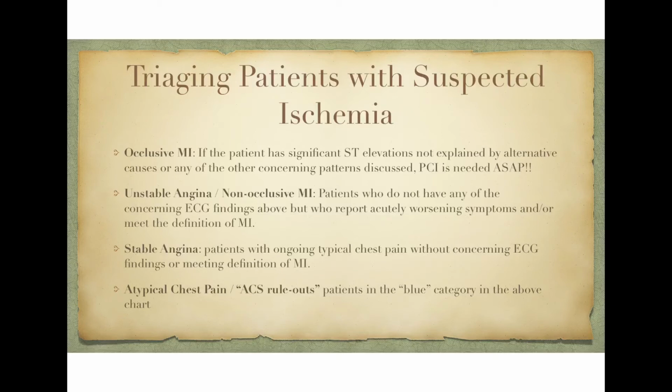Those would be mostly your patients in that blue category on the previous chart. They're your patients who come in as, we say, ACS rule-outs. We admit them for monitoring of their troponin and just clinical symptoms to see if they're demonstrating features of a myocardial infarction later on.